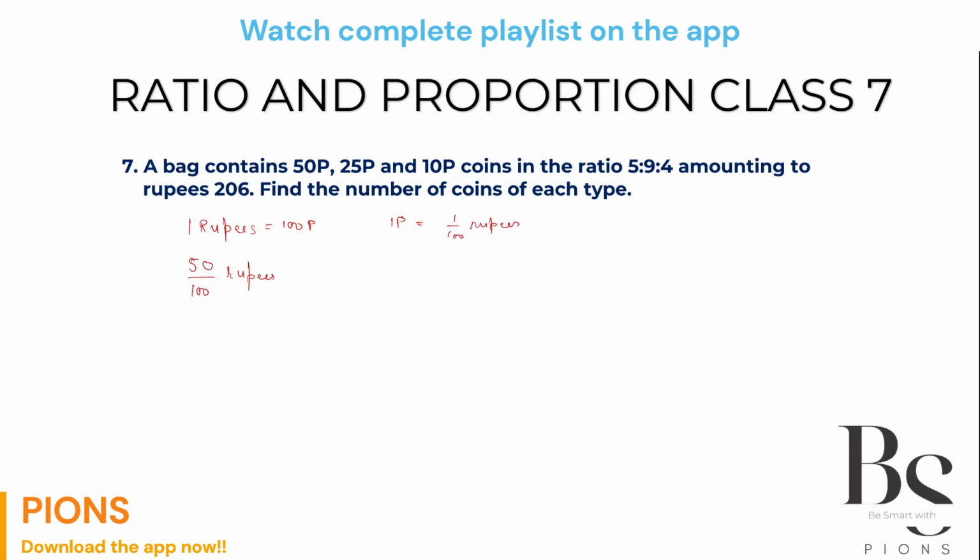And 50 paise will be, multiply by 50 both sides, you get 50 paise equal to 50 by 100 rupees. Done. So this was done before, so I am not explaining the conversion. 50 by 100 rupees, 25 by 100 rupees, and 10 by 100 rupees.